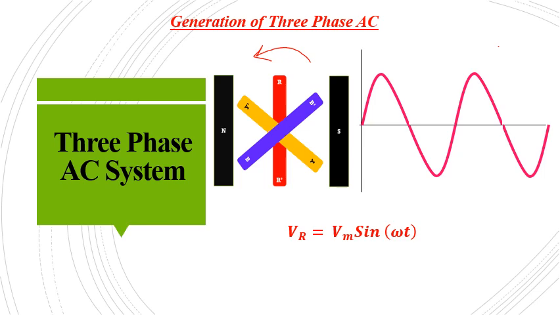Now we can see that the Y-phase coil is kept 120 degrees away from the R-phase coil.